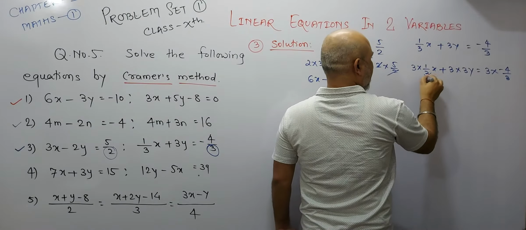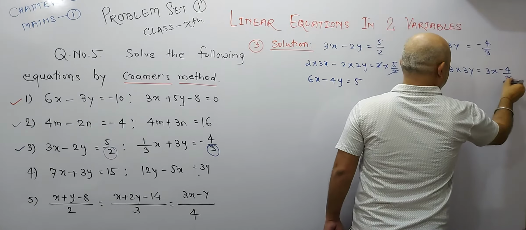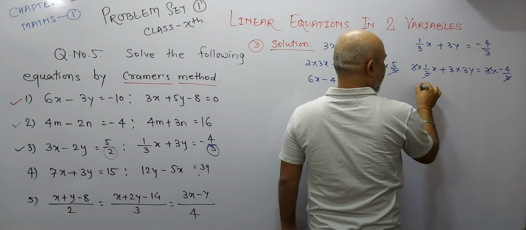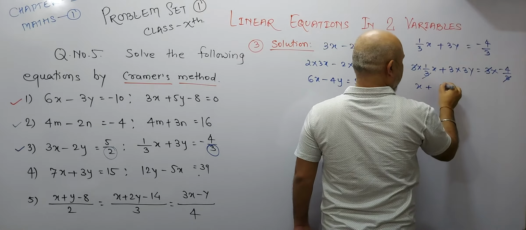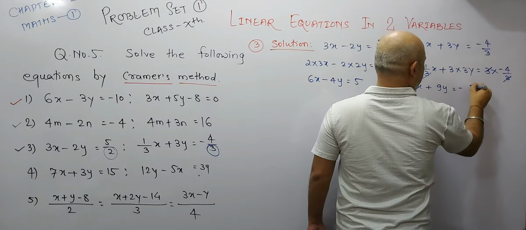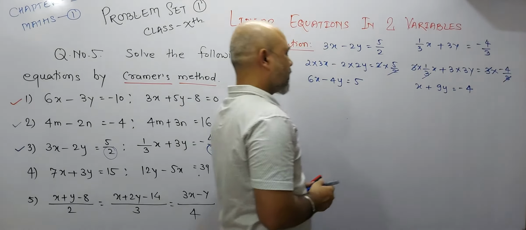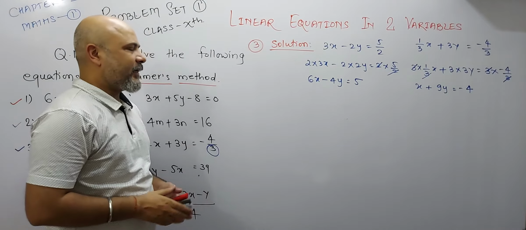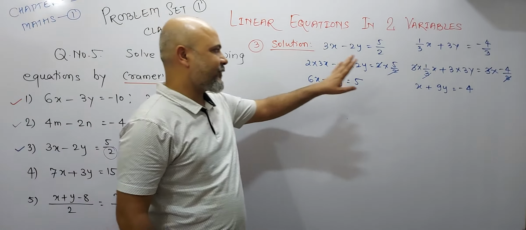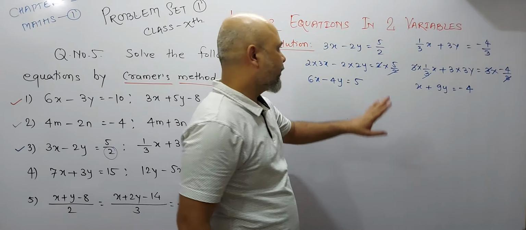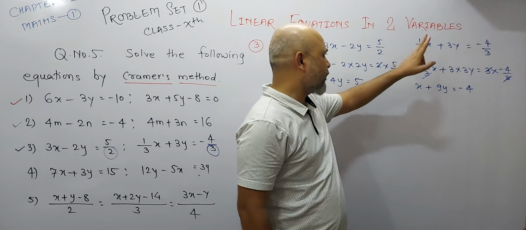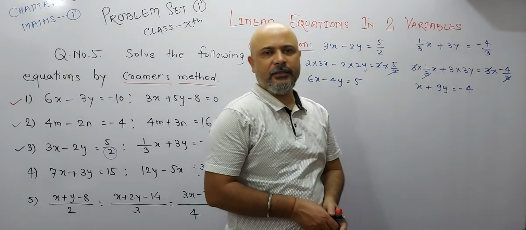Now we will cancel out this 3 and this 3. So we will get x plus 9y is equal to minus 4. So now you know why we multiplied the first equation by 2 and the second equation by 3. We don't want this 2 in the denominator, we don't want this 3 in the denominator.